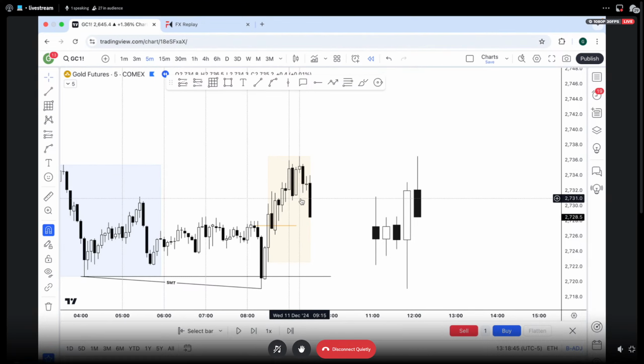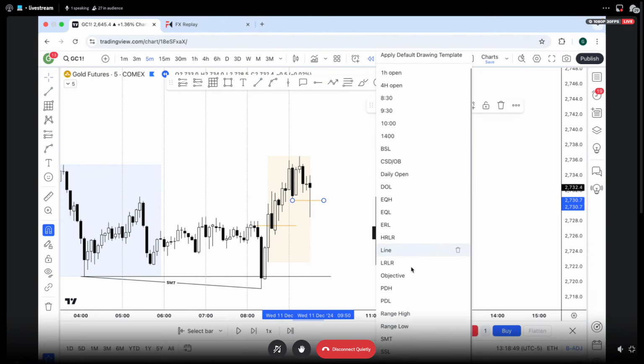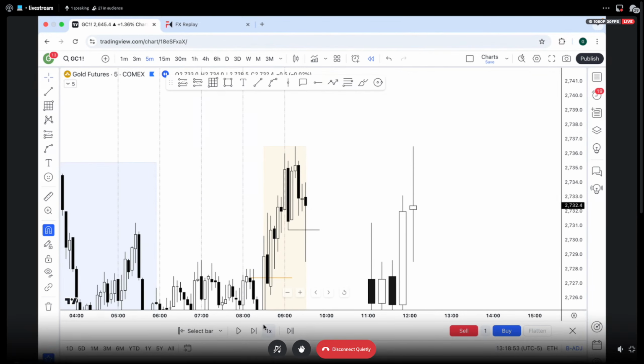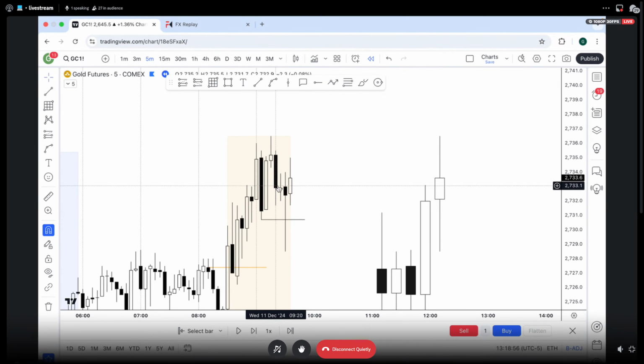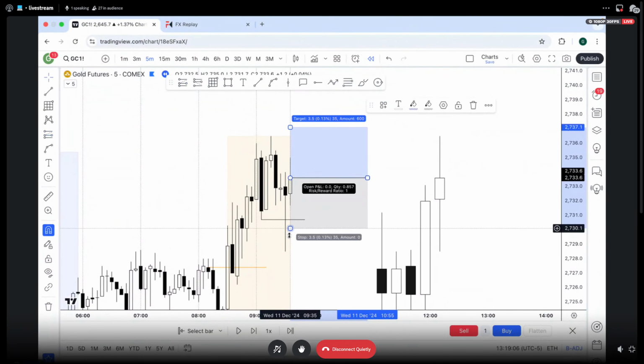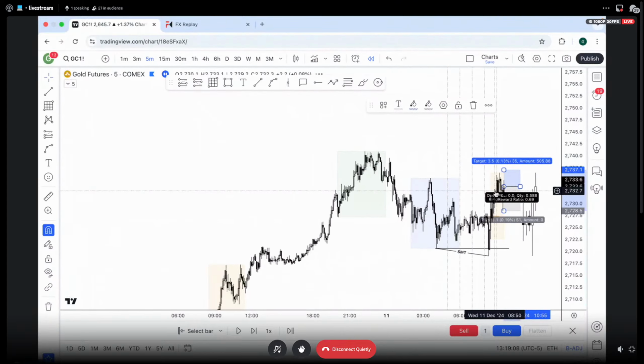So when we come and sweep up this low, again trading away from some sort of manipulation, and then we get that ideal swing formation, right? Where we validate this opposing candle as an order block, and it's just a swing formation on the third candle. So I enter here, stop loss here, and I target that high.